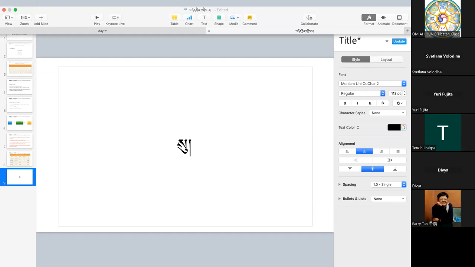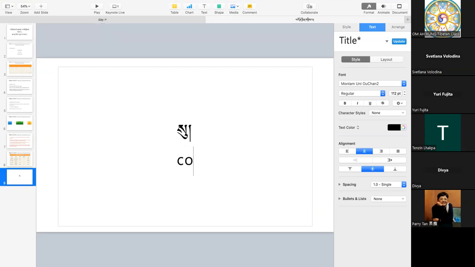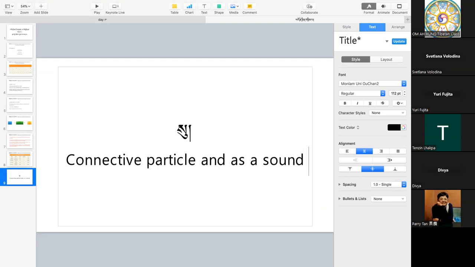And the difference is on the basis of su as a connective particle and su as a sound. Su is a sound because it's a combination of two basic sounds. So this sound, when it performs as a connective particle, only then does it become a connective particle. But in a general sense, every sound of su is not a connective particle.